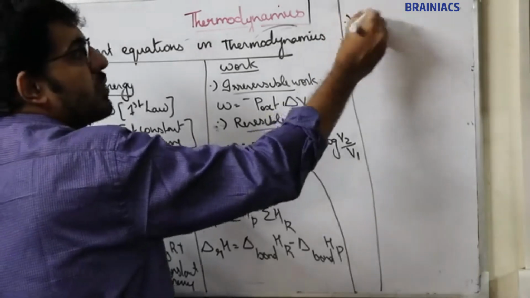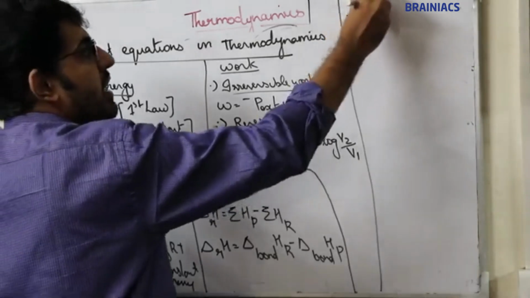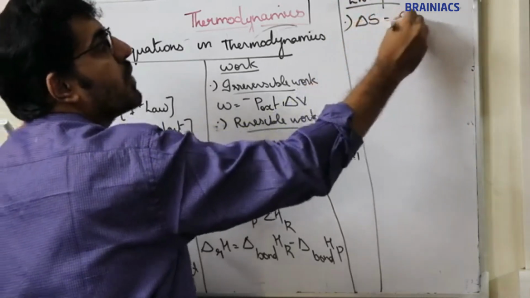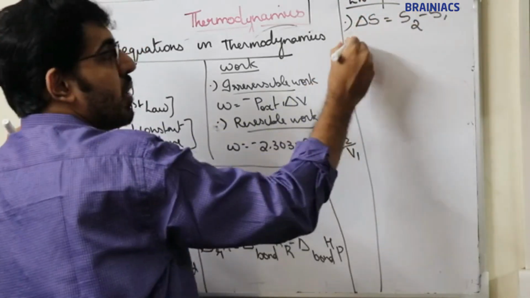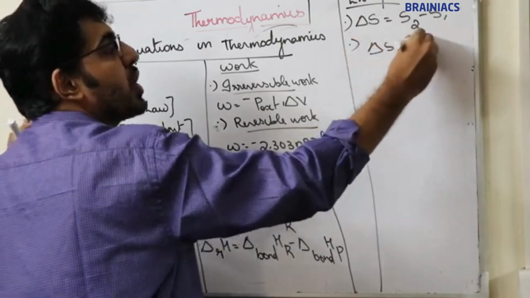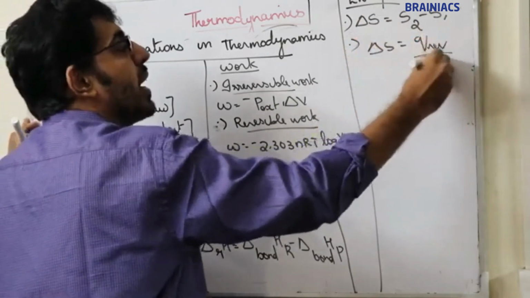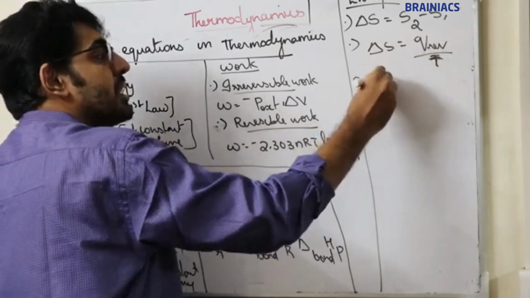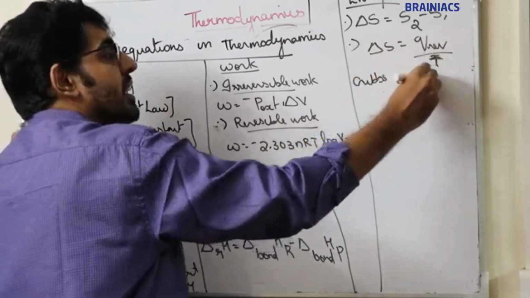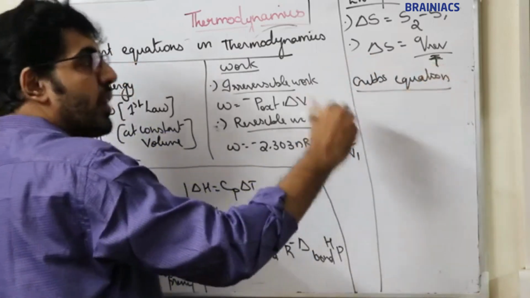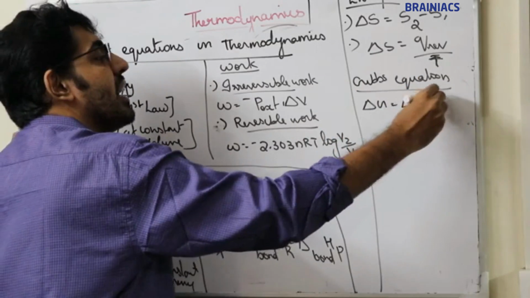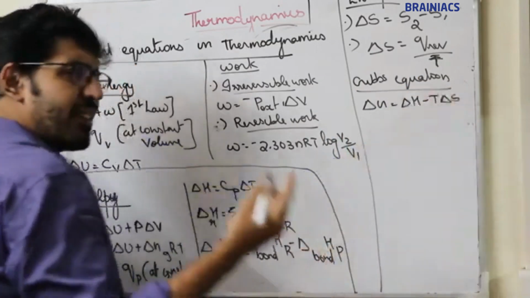Now delta S for entropy. For entropy, we discussed one equation, delta S is equal to S2 minus S1. Another equation, delta S is equal to Q reversible by T. Now for Gibbs energy, we have discussed one equation, that is delta G is equal to delta H minus T delta S, right?